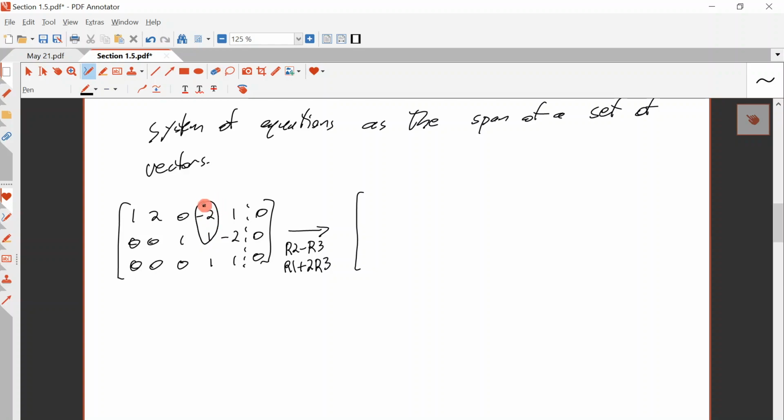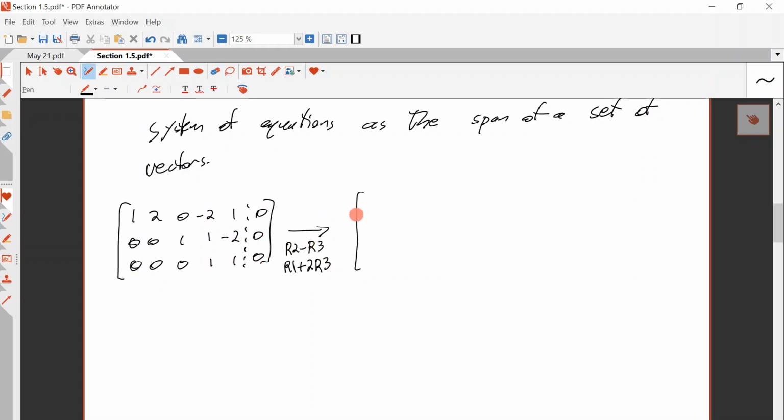I've got to make these 0, not these, because this is the column with the leading coefficient in it. So the columns with the leading coefficients, which are these 3, you have to zero out everything except where the leading coefficient is to get to reduced row echelon form.